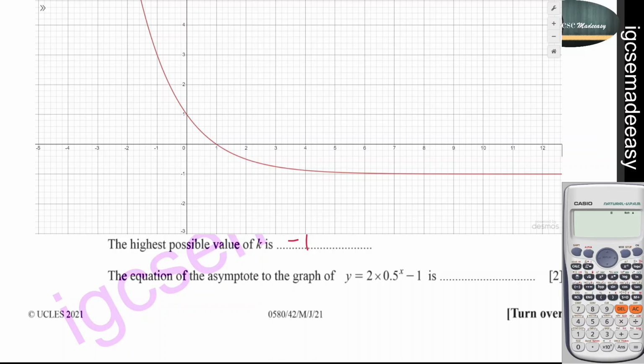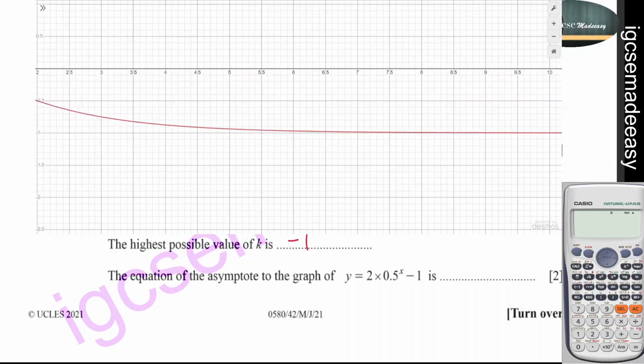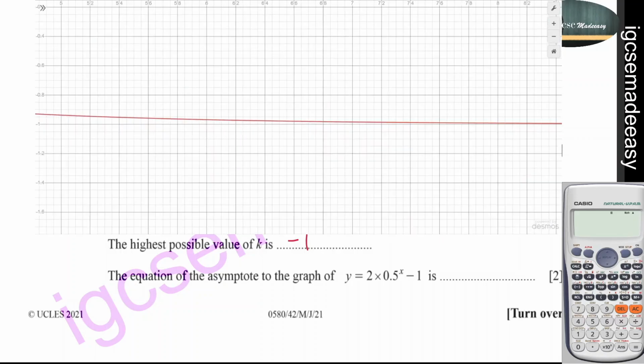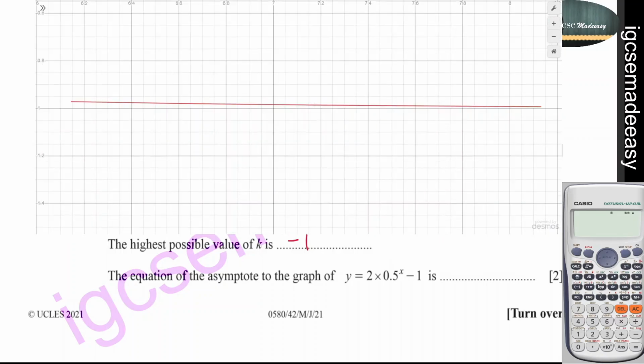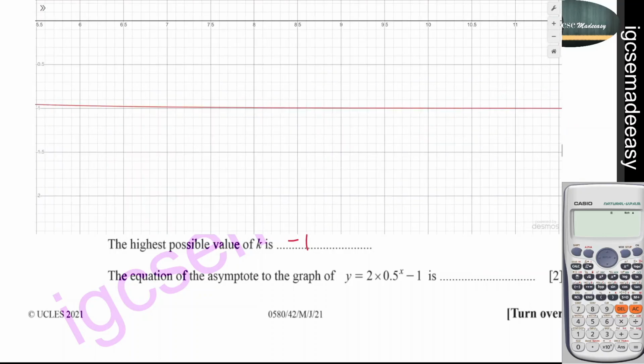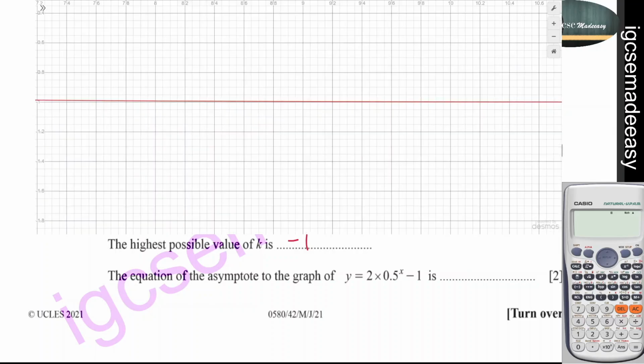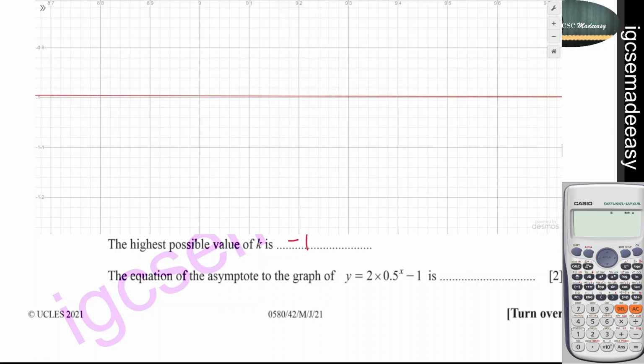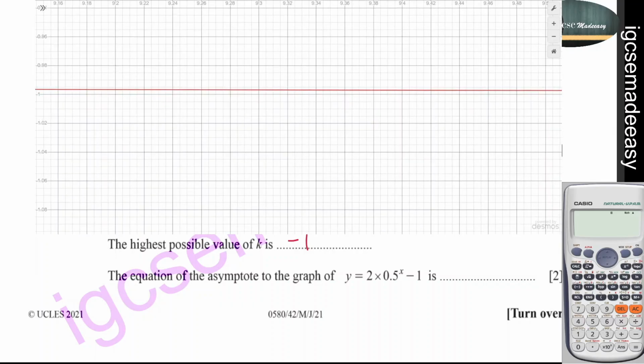You can see a graph is displayed over the top, and the graph is turning at point -1. If I zoom it further, you can see that the graph is never going to meet at -1. This is the -1 point, and it is turning, and it's not going to meet. Asymptote means it will be nearby -1, but it is parallel to that.